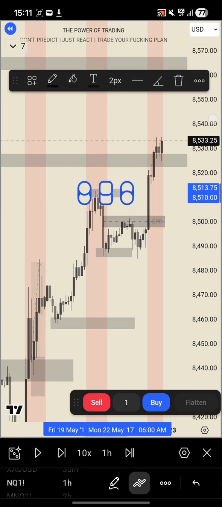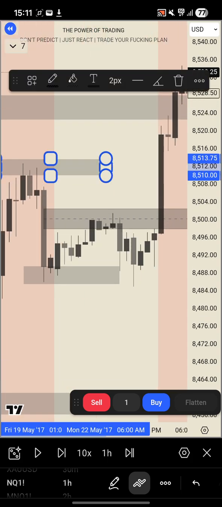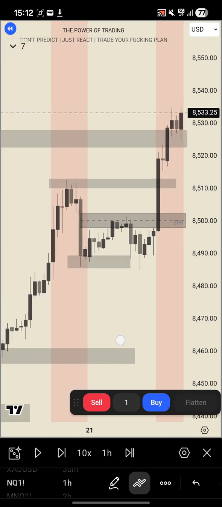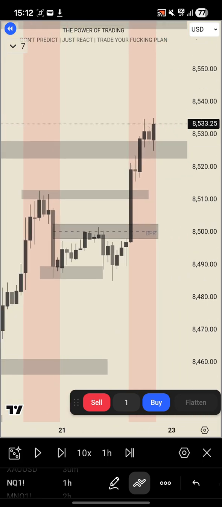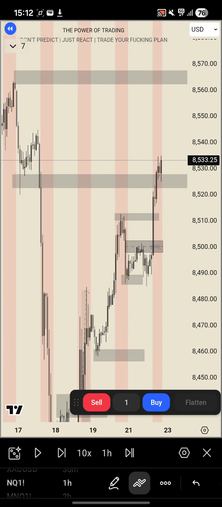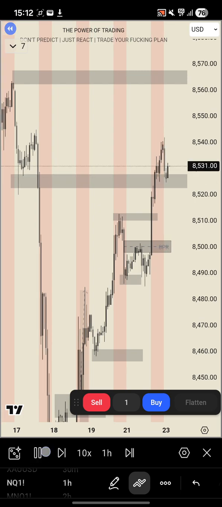Okay, so price broke out of this. Now, not only didn't it come back to this level for a buy, but we're back above here. So we're just waiting to see what occurs.